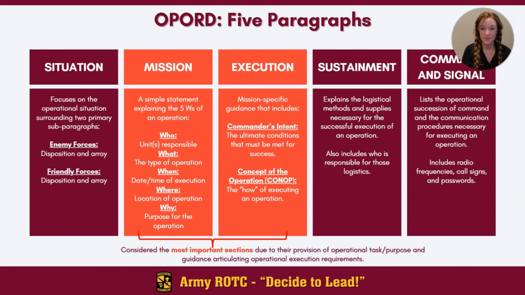That's your communications plan that lists your primary, your alternate, your contingency, and your emergency, how you're going to communicate. If you're using radios, it's going to talk about what channel or frequency you're going to be on. And then it's actually going to get into your call signs and passwords. So your challenge and password, your number combination, your running password, all of those things are involved in your command and signal paragraph.